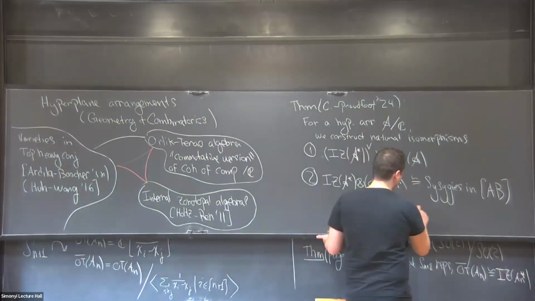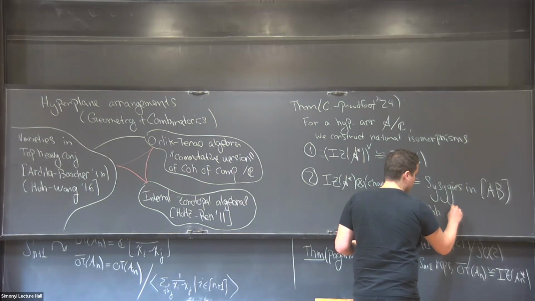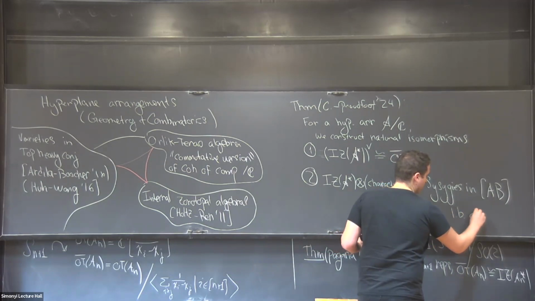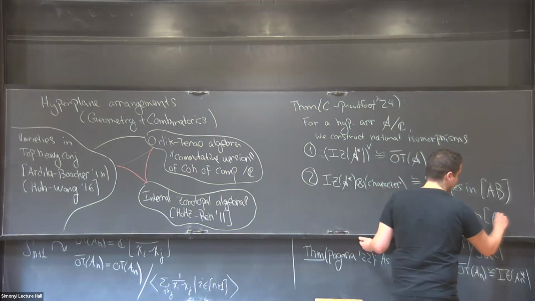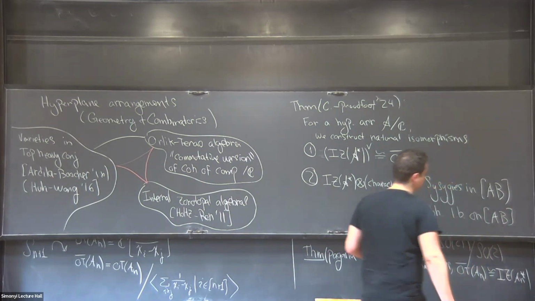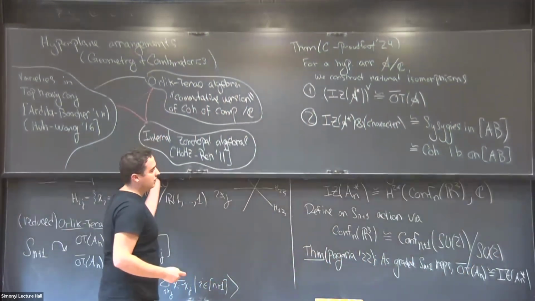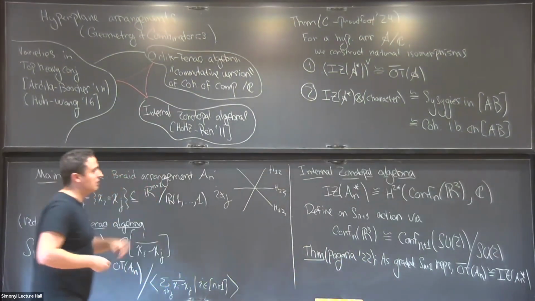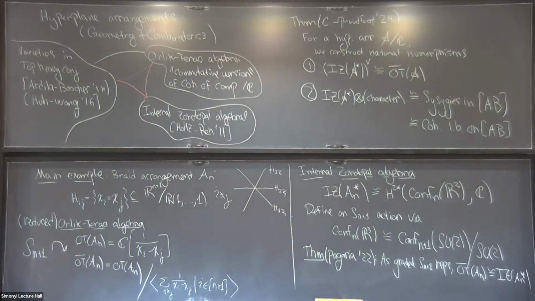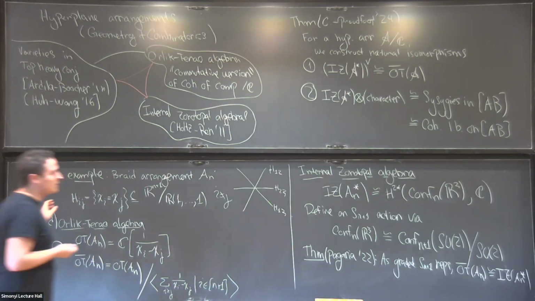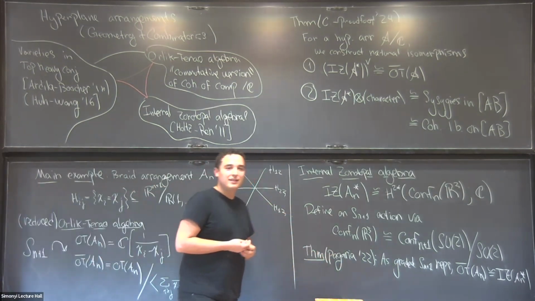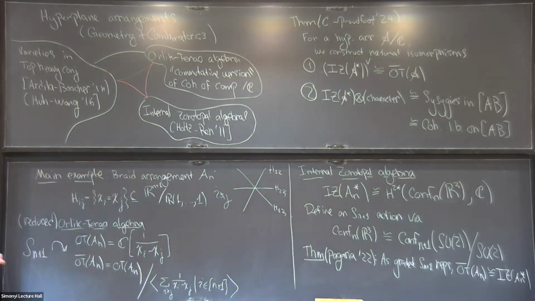Or if you like, another thing this is isomorphic to is the cohomology of a certain line bundle on the same thing. Okay. So here are these three things that turned out to be naturally isomorphic, and sort of an interesting special case was done for Sn. That's the surprising coincidence.